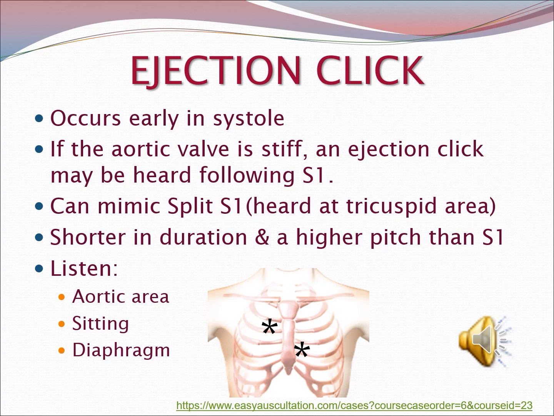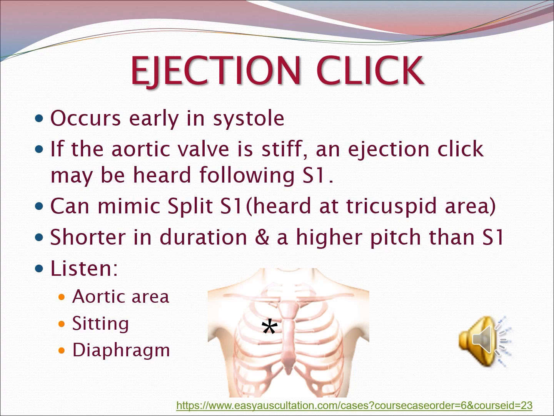So a single first heart sound, S1, followed by an aortic ejection click, can also mimic that split first heart sound. An aortic ejection click is caused by thickened aortic valve leaflets, and it's commonly seen in bicuspid aortic valves, which is a congenital abnormality where someone is born with 2 aortic valve leaflets instead of the normal 3.